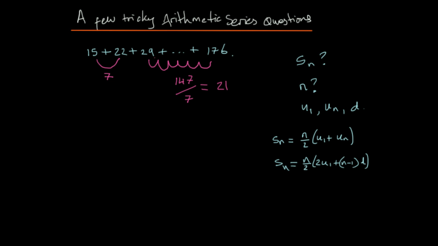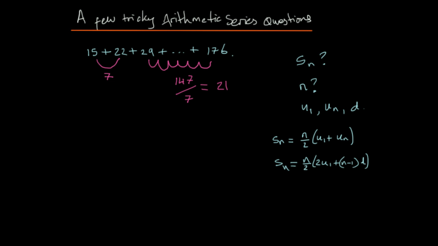So 21 are all the terms that go after 29 all the way up to 176, but make sure that you realize that the 21st term, the very last term, is the 176. So you don't need to add the last term. That sees you all the way until the end.